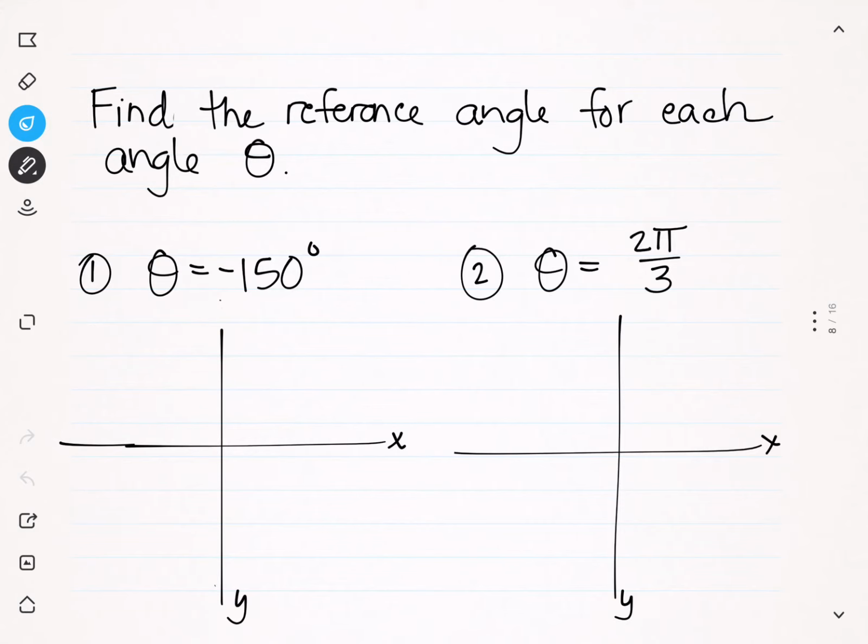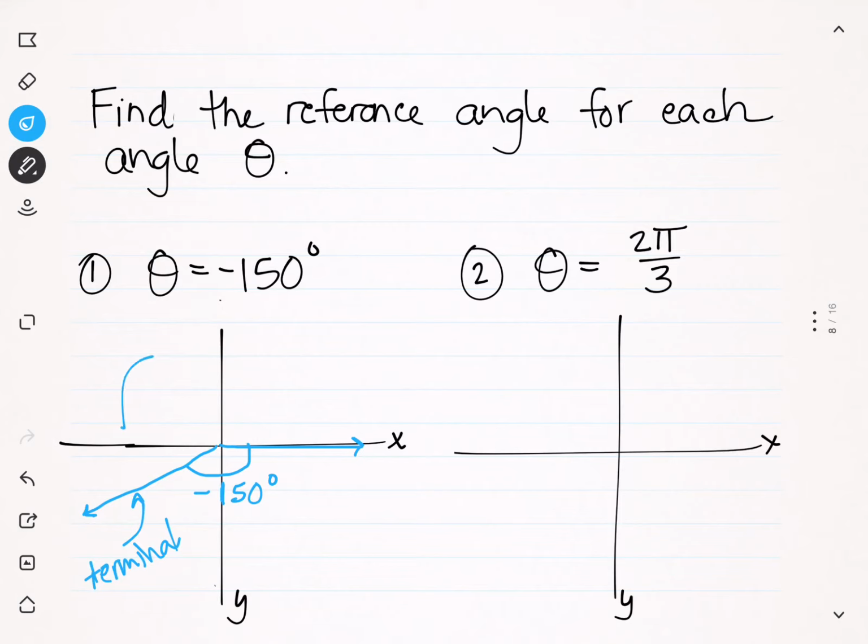So what I'm going to do is graph the angle negative 150 degrees in standard position. So that is going to put me, going in the clockwise direction, in quadrant 3. Okay, so there's negative 150. Now, the definition of a reference angle said the terminal side, okay? So the terminal side is this side, and the x-axis, okay?